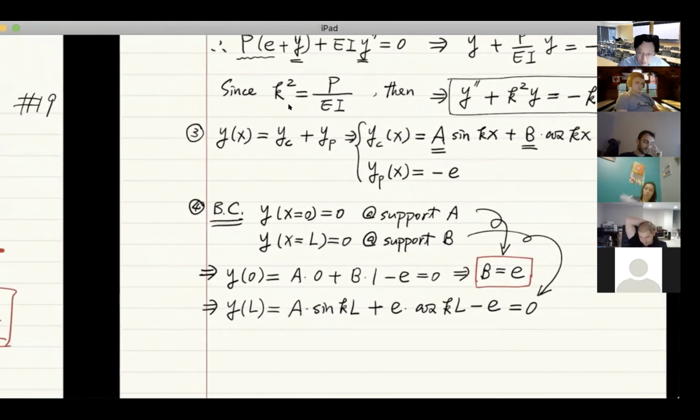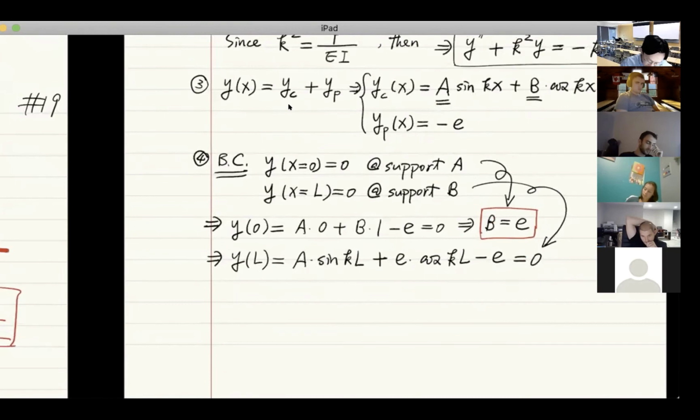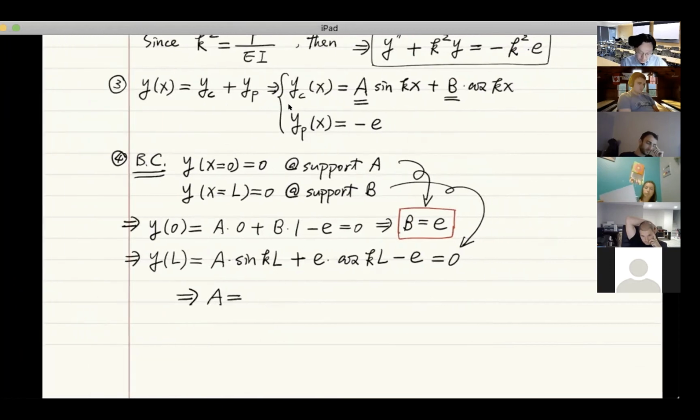And just simply by rearranging terms, how do you find out the expression of A? First of all, move things from the right-hand side to the left-hand side. For those which are not A dependent, move them from the left-hand side to the right-hand side. So that includes these two terms. And then you divide everything by sine KL.